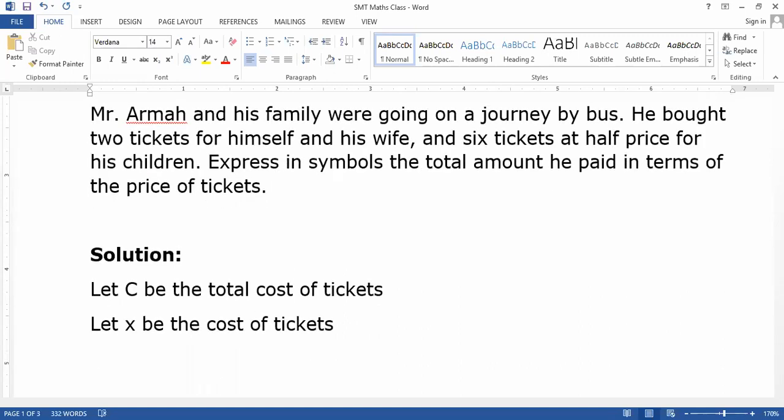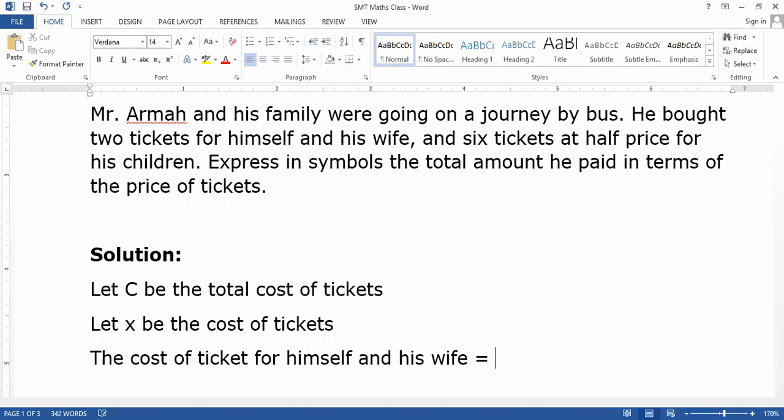Now let's look at it. The cost of tickets for himself and his wife is equal to, X is the cost of a ticket, right?